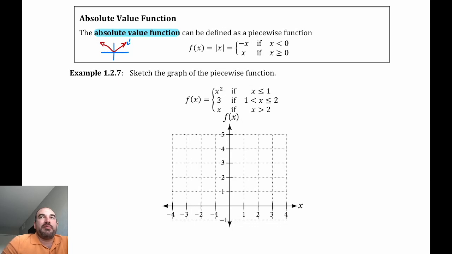Can someone describe to me what the absolute value function does to numbers when you plug into it? They keep on going. But what does the absolute value function do to a number when I plug it into it? Like when I plug in 7 into the absolute value function, what happens?